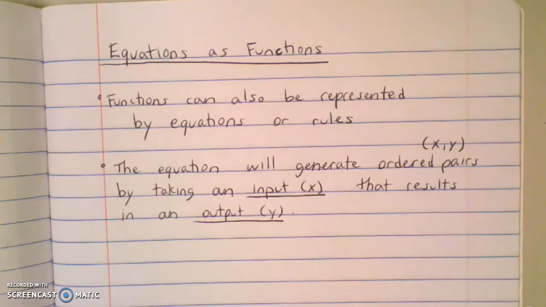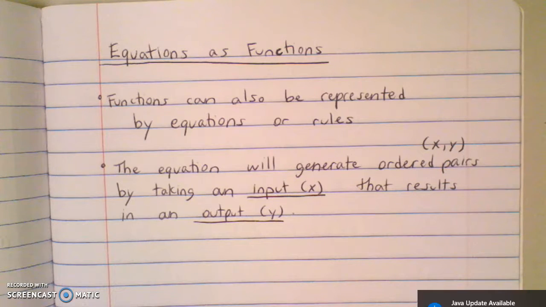So with equations, you're going to have a rule where you take your x value, plug it in, and it results in a y value. And then that's going to give you an ordered pair that you can use to graph when we connect it back to our graphing.